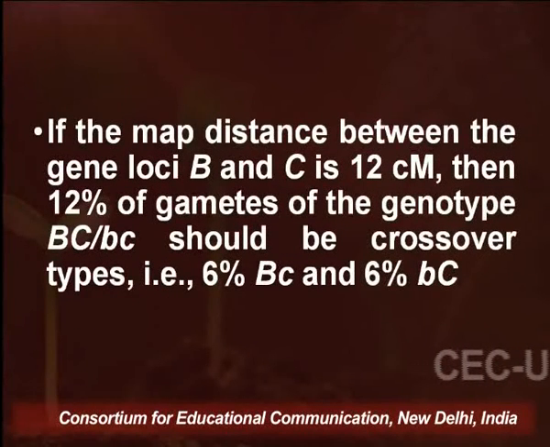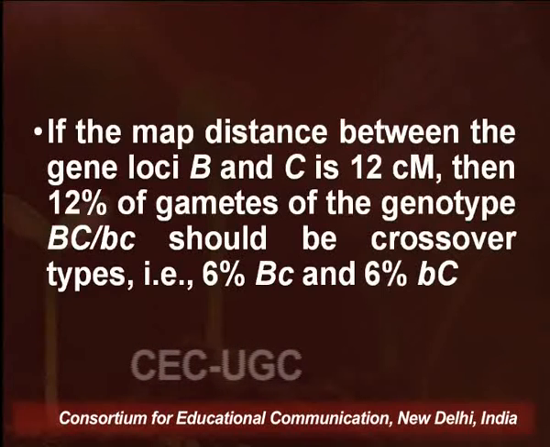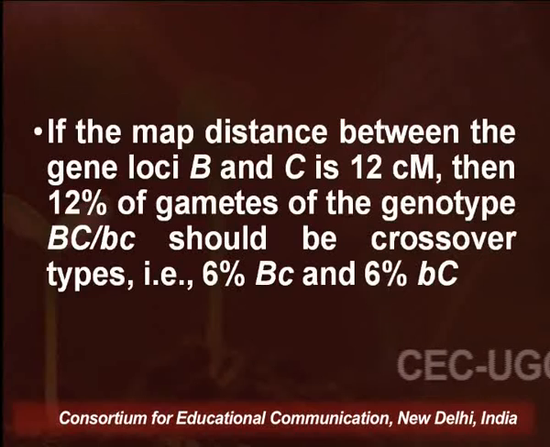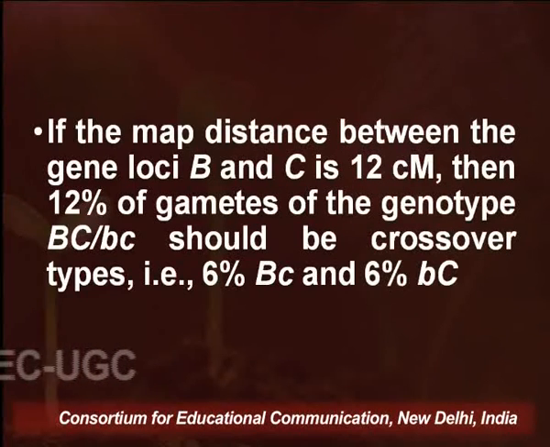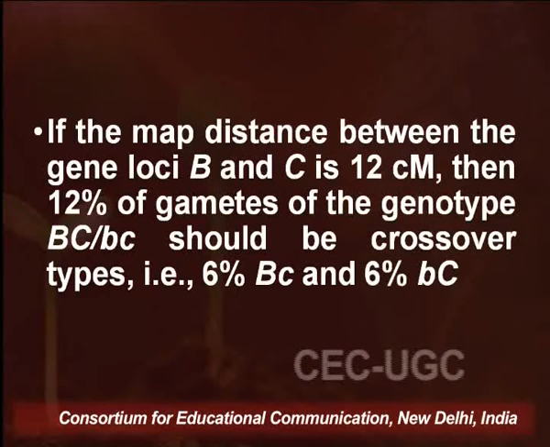On the other hand, if we take another example, if the map distance between the gene loci capital B and capital C is 12 centimorgans, then it means that 12% of the gametes of the genotype capital B small b, small c should be of the crossover types. That means two types are there.